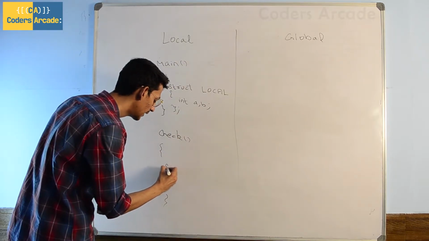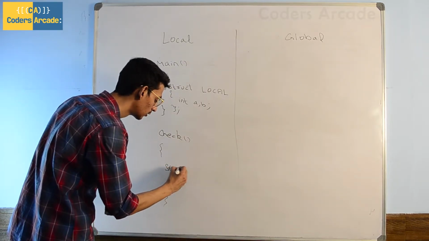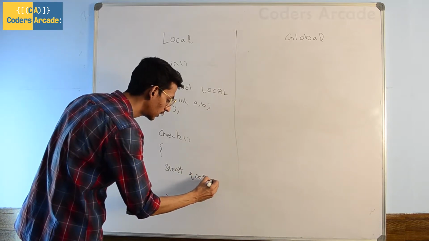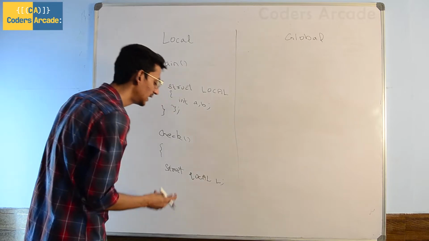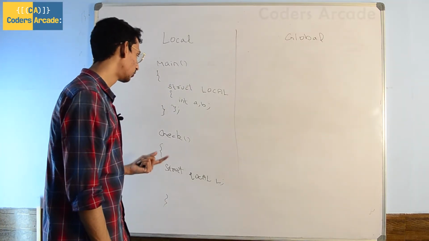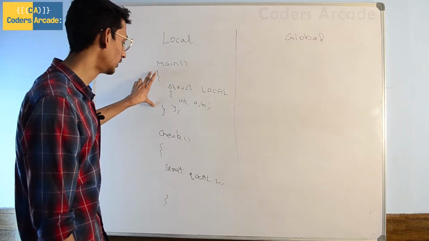If we try to declare it here, struct local L, it will give an error, because the structure is defined inside the other function.